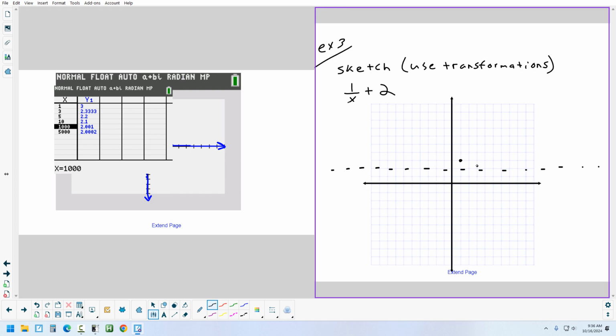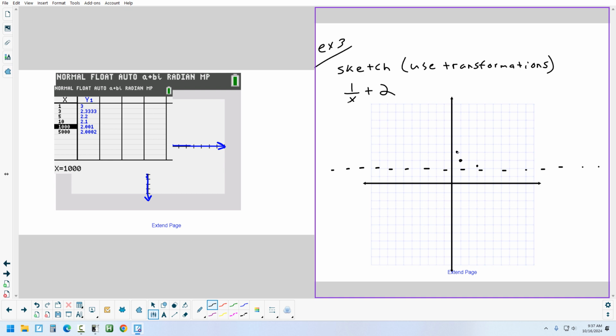When I get to 5, I'm at 2.2. So basically it's curving down and it's just getting closer. I might want to check something like 0.5. If you plug in 0.5, 1 divided by 0.5 gives me 2, plus 2 is 4.